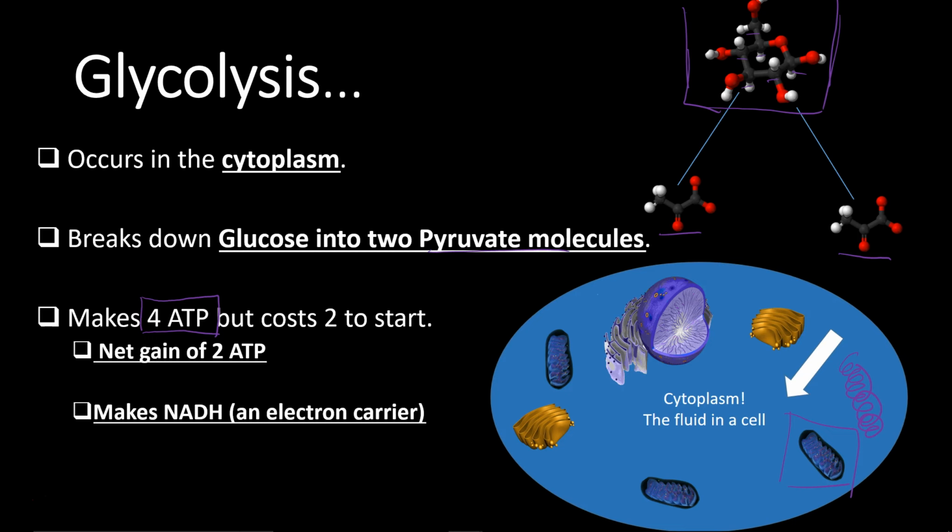Well, in glycolysis, we made 4 ATP, but it cost 2 ATP to start. So here's a potential test question for you. If I were to ask you how many ATP molecules was the net gain, your response would be 2. Because it made 4 molecules of ATP, but it cost 2 to start the whole process. So a net gain of only 2.